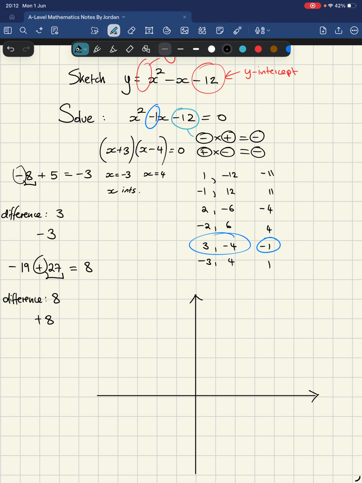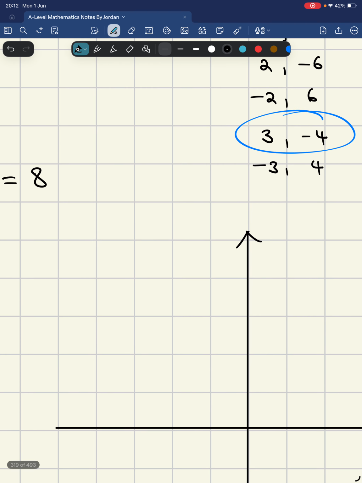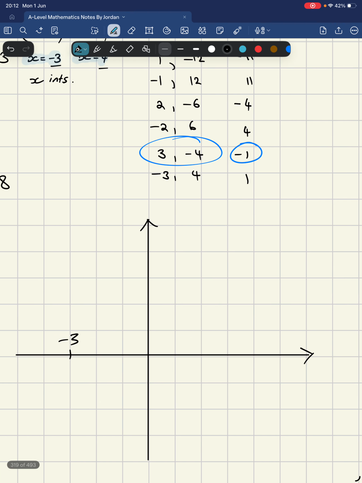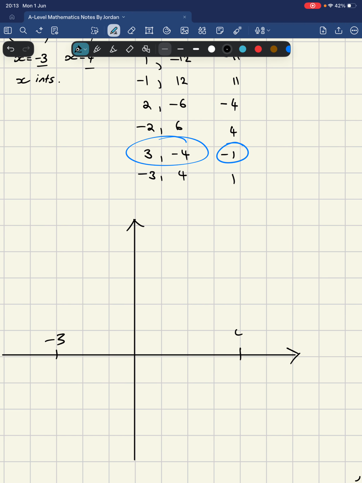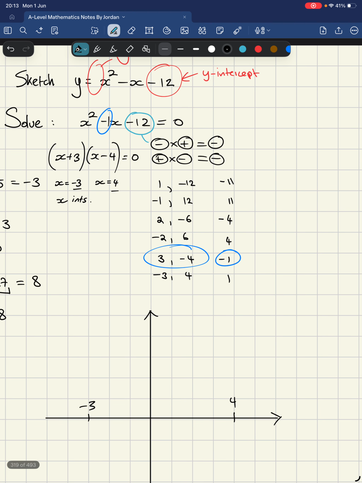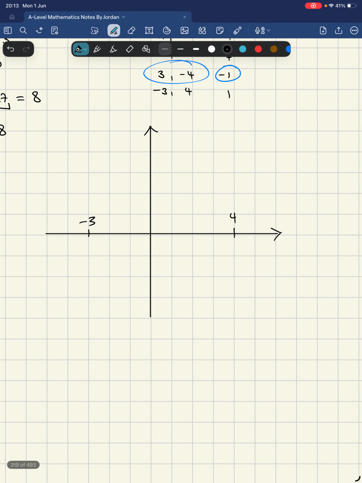Right, so x-intercepts first. I've got these, minus 3 and 4. I can put them on there. And then I've got a y-intercept of negative 12 this time. So that's actually a lot further down. Draw this fairly accurate this time.